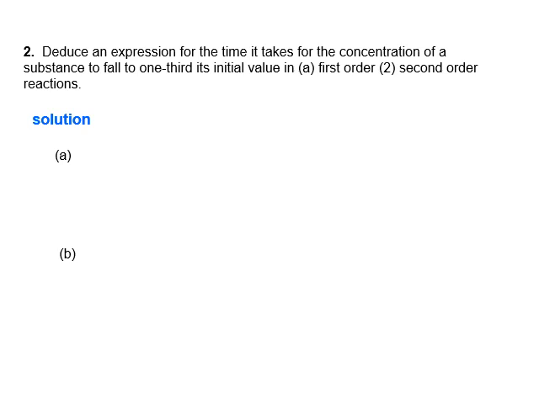Question number 2. It asks you to deduce an expression for the time it takes for the concentration of a substance to fall to 1/3 of its initial value in a first order reaction and a second order reaction. So whenever it asks about time for the concentration change, we're looking at the integral rate law.